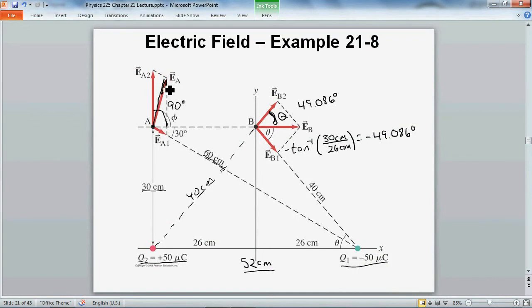Now I'll let you look at the notes to see how to calculate for point B, but notice that because of the symmetry, the resulting electric field points directly to the right. And that will be true of any point along this y-axis when there's symmetry of these two particles, symmetry and opposite charges.